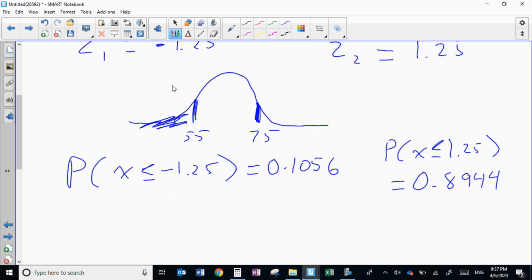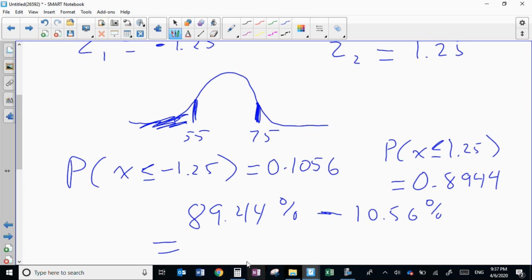All right, so to find our total, this pill is going to be good for 89.44% of the dog population, because they'll be less than 75 pounds, but subtract the small amount of dogs that are too small. That's that 10.56%.